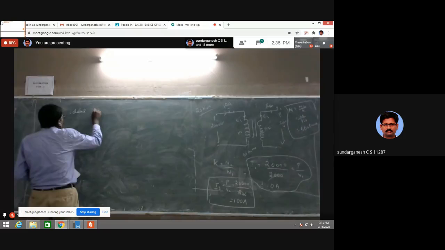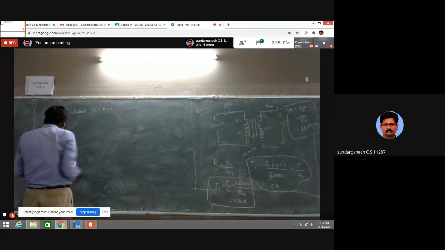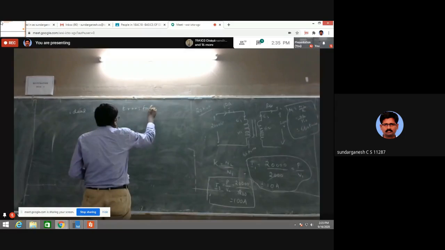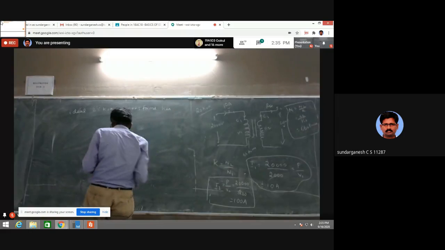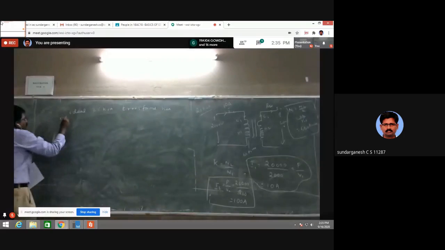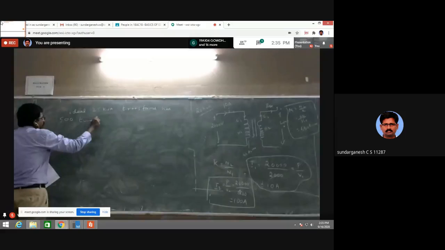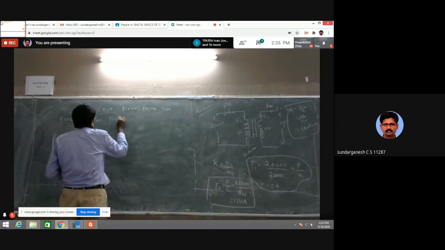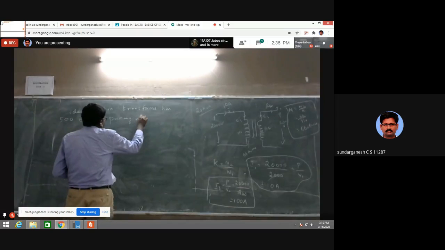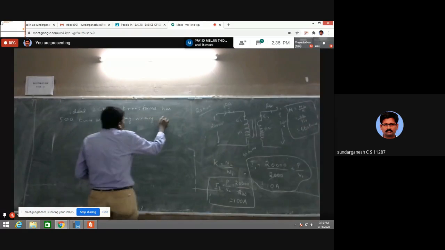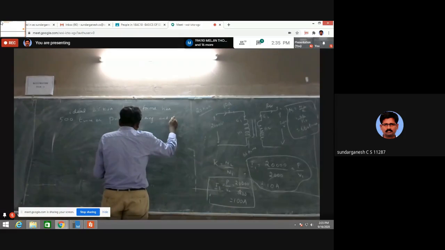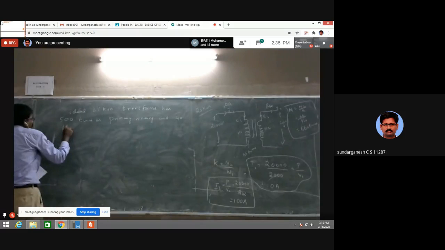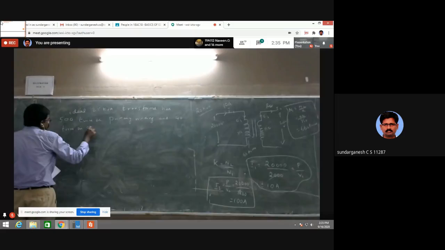So an ideal 25 kVA transformer has 500 turns on the primary winding and 40 turns on the secondary winding.